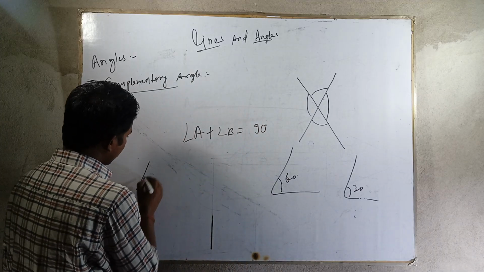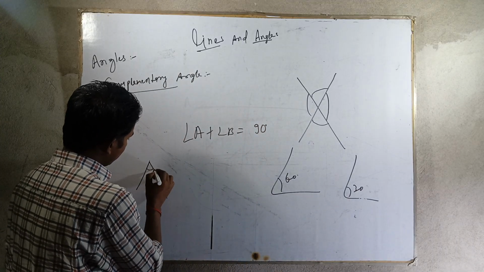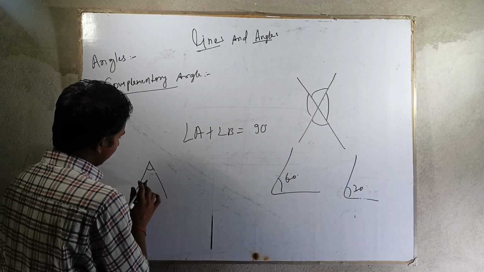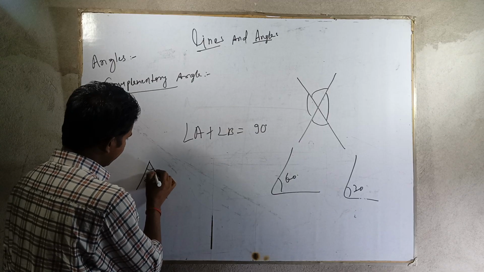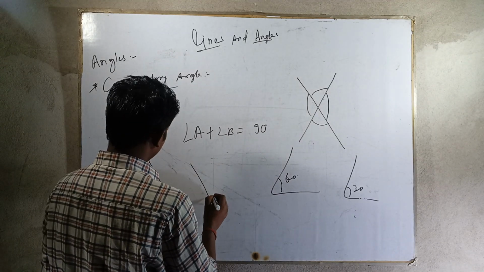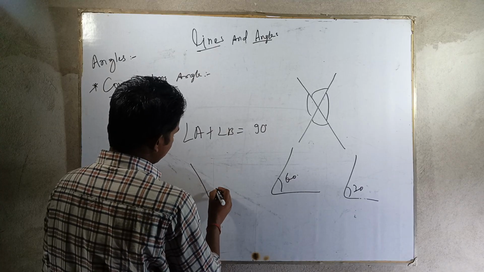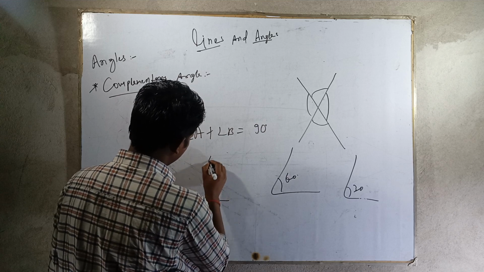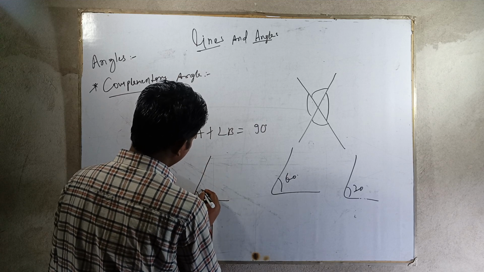Suppose the next one is this, 20 degrees, and this one is 70 degrees. So 20 plus 70 equals 90 degrees.